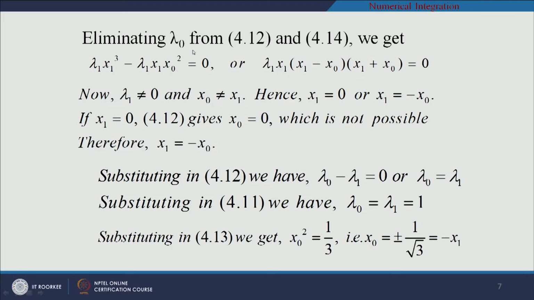This means that eliminating lambda 0 from 4.12 and 4.14 here, we get that lambda 1 x1 to the power 3 minus lambda 1 x1 x0 square equals 0, and from there itself we can get x1 equals minus x0. Since lambda 0 equals lambda 1 equals 1 here, we can write x0 square equals 1 by 3.